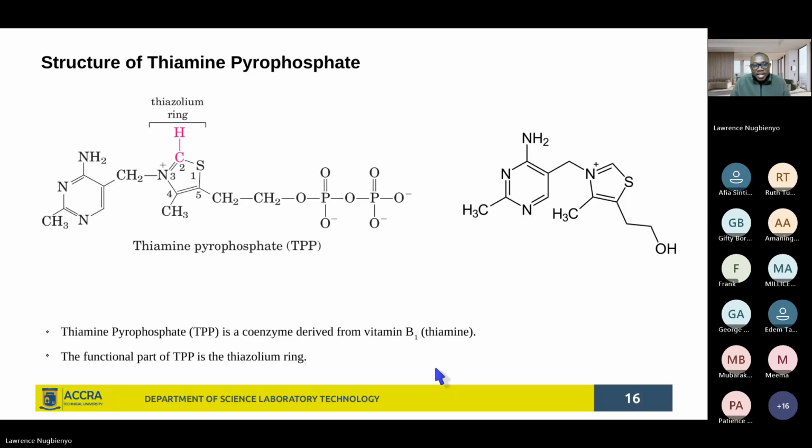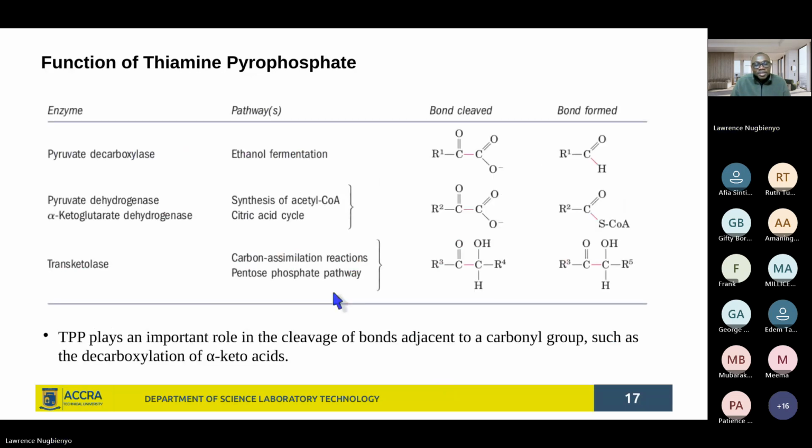Right. Now, we look at the function of thiamine pyrophosphate. We saw earlier that it serves as a coenzyme to the enzyme pyruvate decarboxylase. So the name tells you that there is going to be a removal of a carboxyl group from pyruvate.